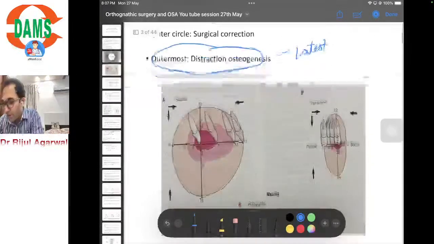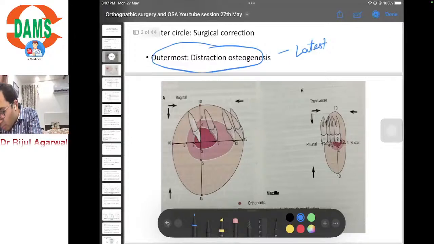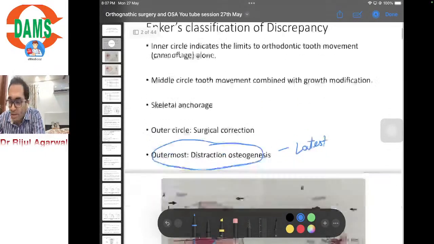The inner circle represents the movement which can be carried out by orthodontics alone, that is through braces and wires, in the anteroposterior, vertical, and transverse directions as well. So in all 3 planes, the innermost circle represents the movements which can be carried out only through braces and wire.